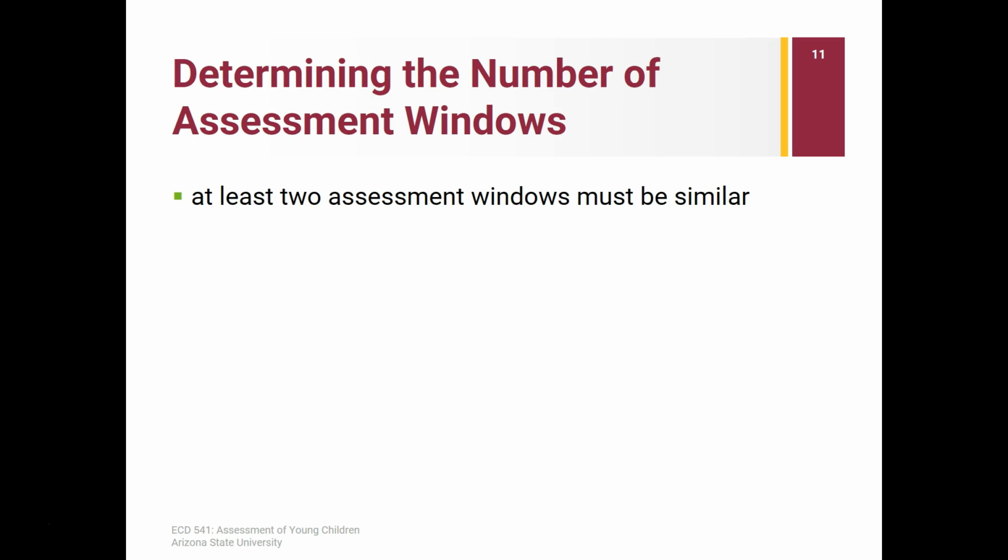There is no formula for deciding how many assessment windows to use. You need to use your own judgment, but here are some guidelines. To assess progress, at least 2 assessment windows must be similar. A drawing collected at the beginning of the year should be compared with a drawing collected later, not with a painting.